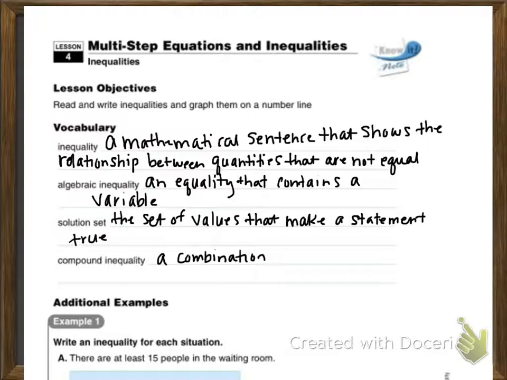And we'll look at that in a minute. And a compound inequality is a combination of more than one inequality. So such as if something is less than 5 but greater than 7, that would be a compound inequality, and we're going to look at what that looks like also.